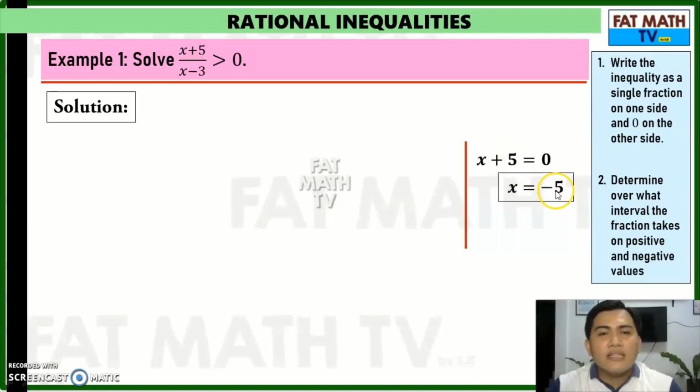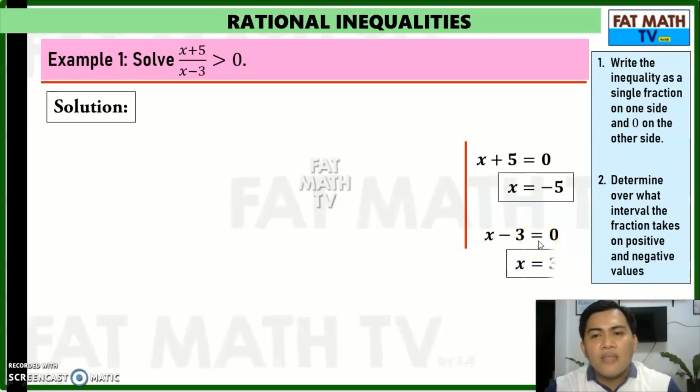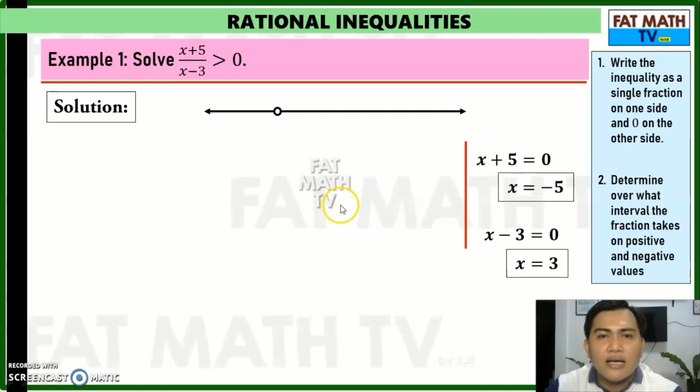So x = -5 is one critical number. Another one is the value of x such that x - 3 = 0. Adding 3 to both sides, we have x = 3. These are the two critical numbers that divide the real number line and will help us identify our possible intervals.